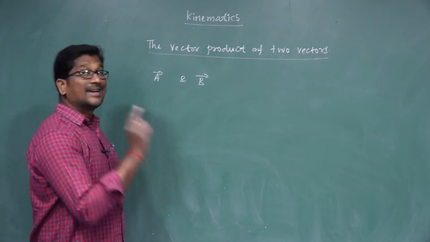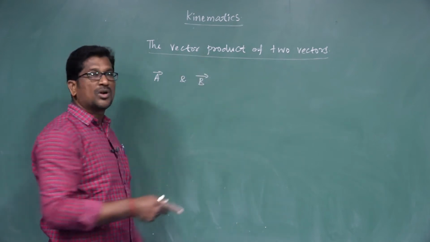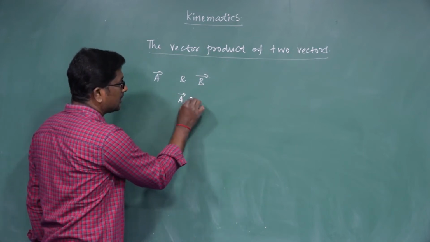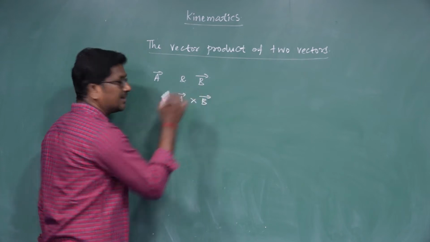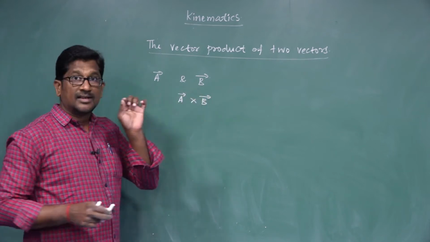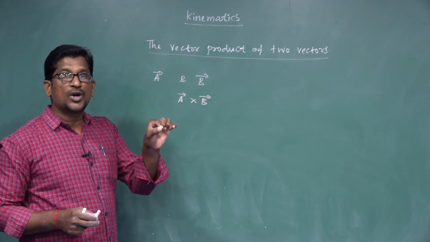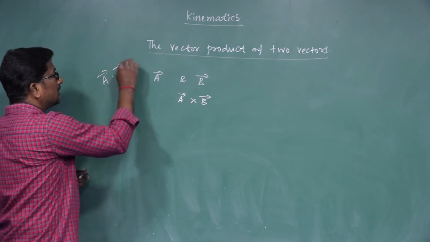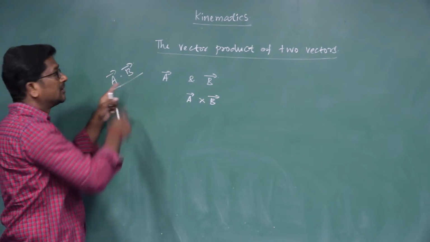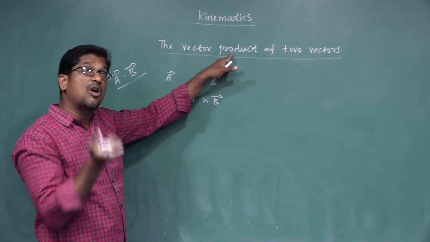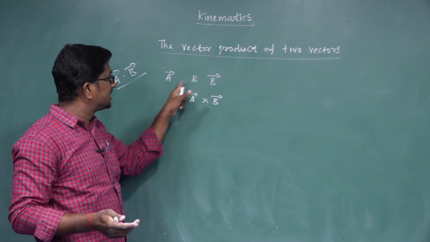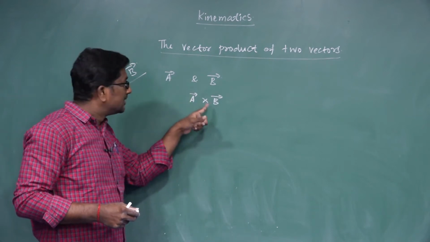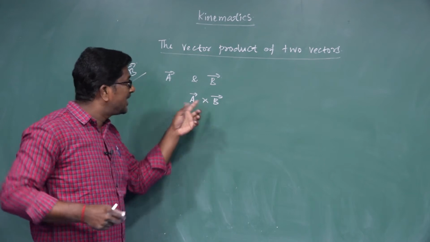The cross product or vector product of these two vectors is represented like this. The scalar product or dot product of two vectors is represented by A vector dot B vector. Whereas the vector product or cross product of A vector and B vector is represented by A vector, this symbol, which we say cross.